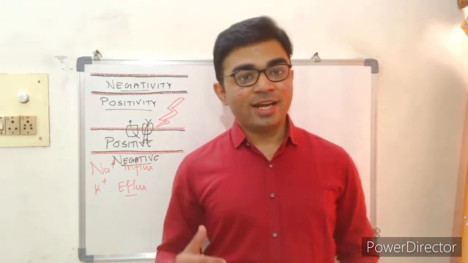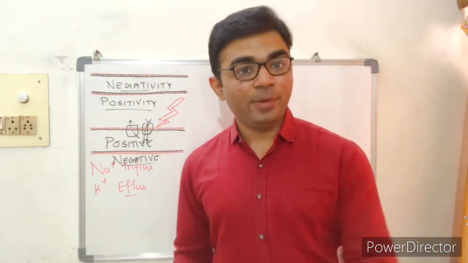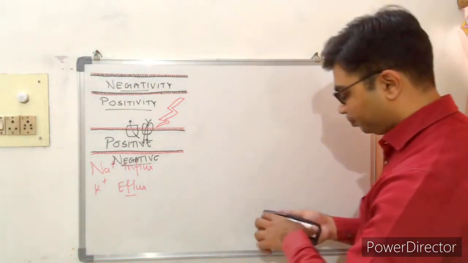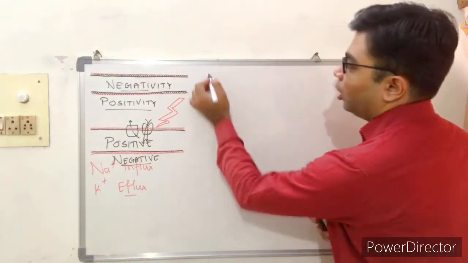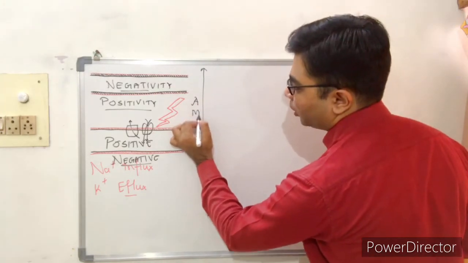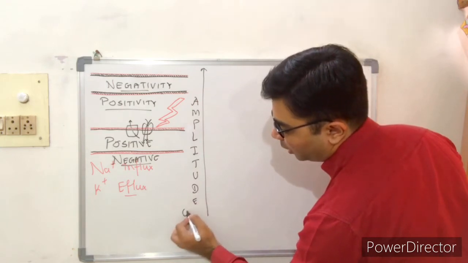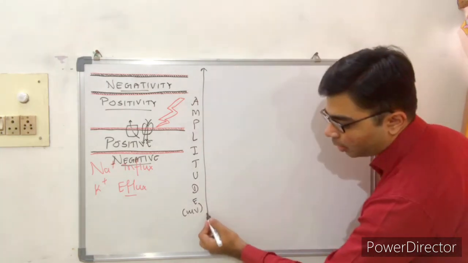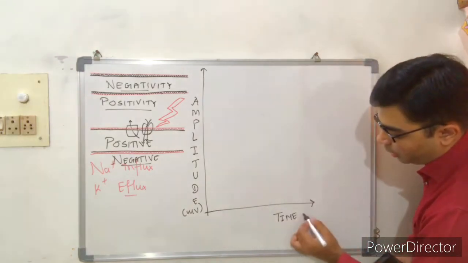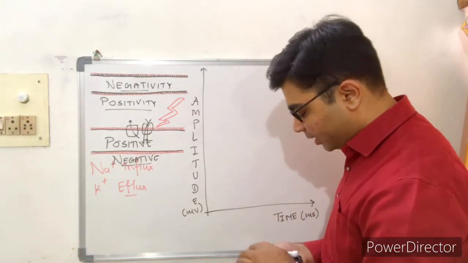Now let us understand the graphical representation of the action potential, that is, what actually happens when we apply a stimulus. Let me draw a graph over here in which over the y-axis we will take amplitude in millivolts, and over the x-axis we have time in milliseconds.